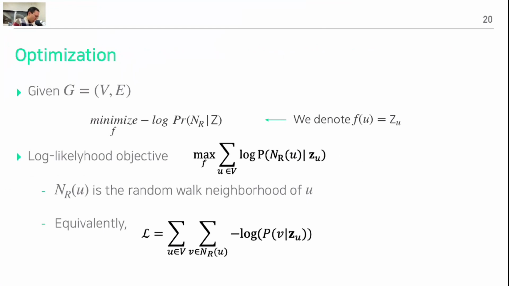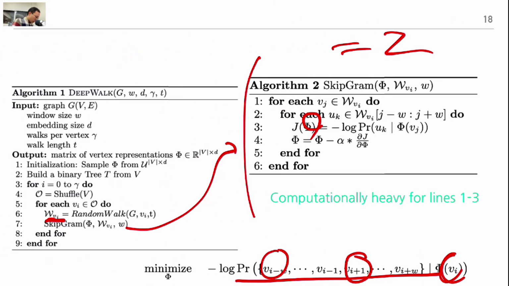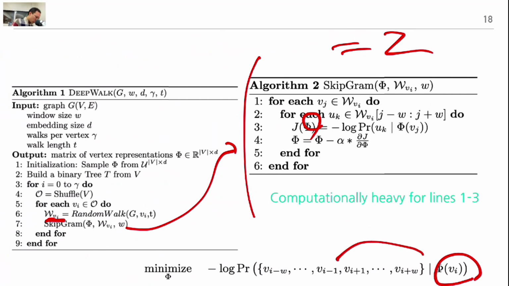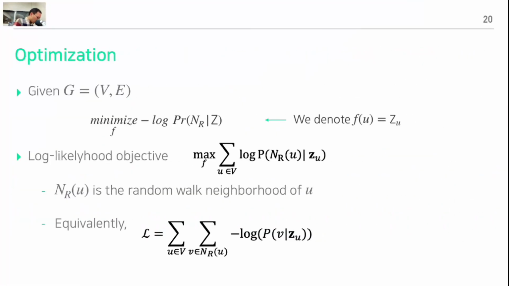For optimization, we previously had this one. Everybody understands this, right? From the input, we try to maximize the output, but we put a minus and minimize, right? So instead of the output, the random walk, I'm using the neighbor function.